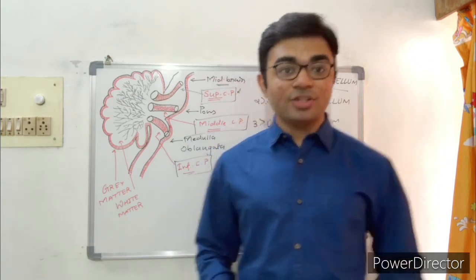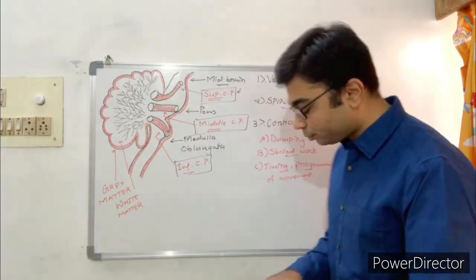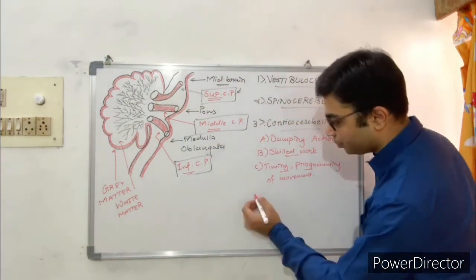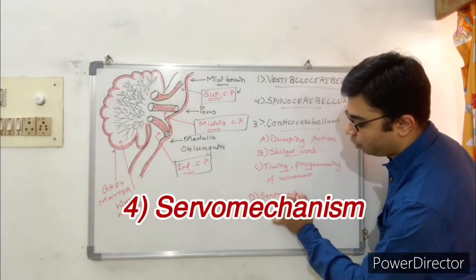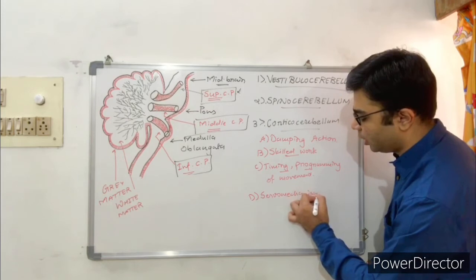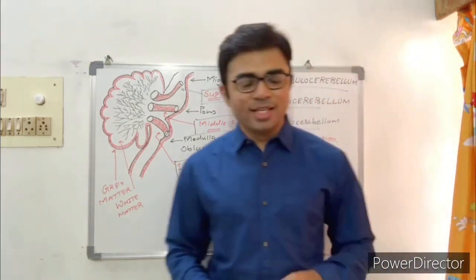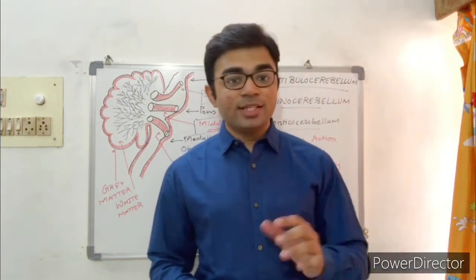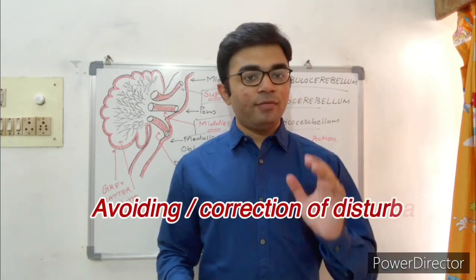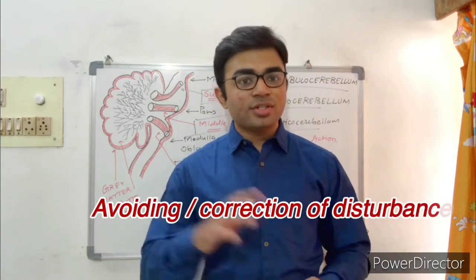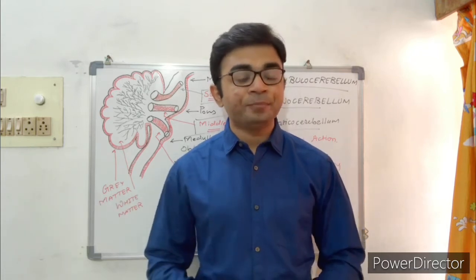Still one function is remaining, that is the servo mechanism. Servo mechanism means what? It is very short and easy to understand: it means avoiding any distraction, disturbances or interference.